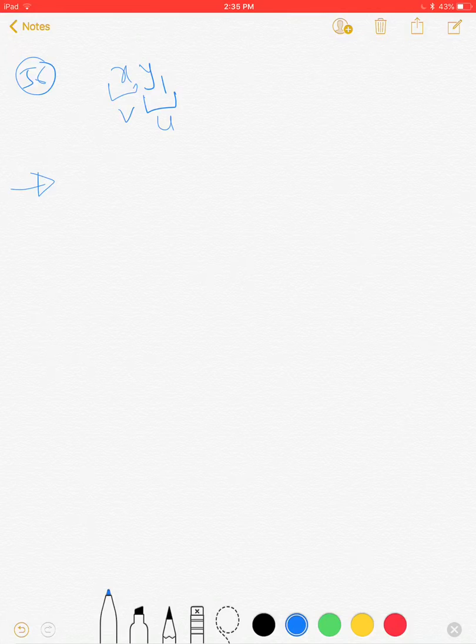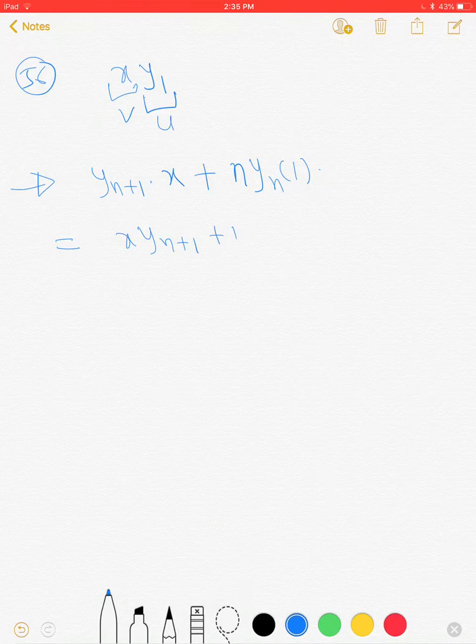So by Leibniz theorem, the nth derivative of this function is the nth derivative of u function, that is yn plus 1, into the second function as it is, plus n into the (n minus 1)th derivative of y1, that is yn, into the first derivative of x, that is 1. No need to write the next step, because in the next step all terms vanish. So this can be written as x into yn plus 1 plus n into yn. So this is our final answer.